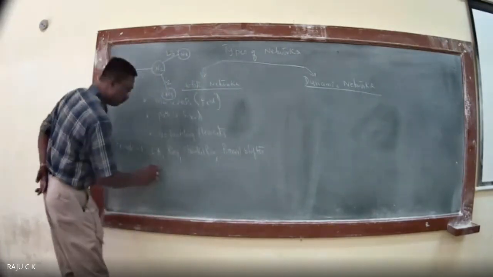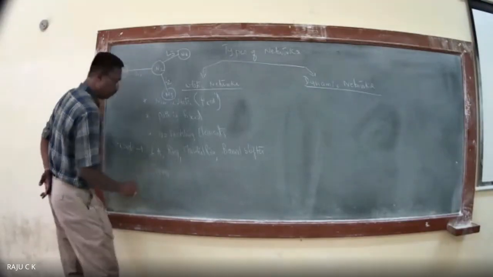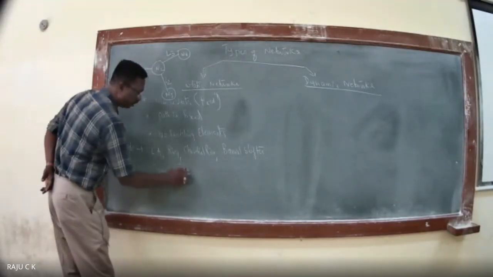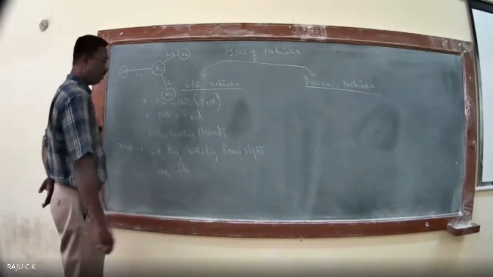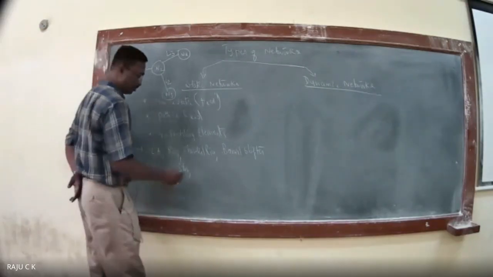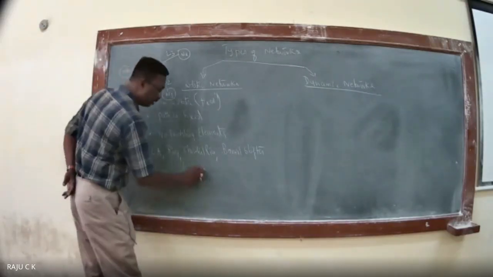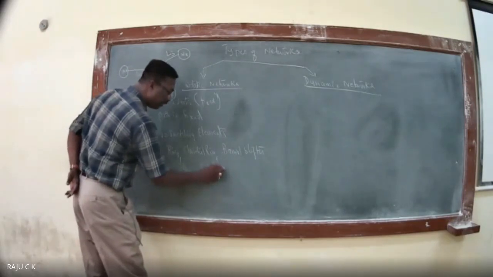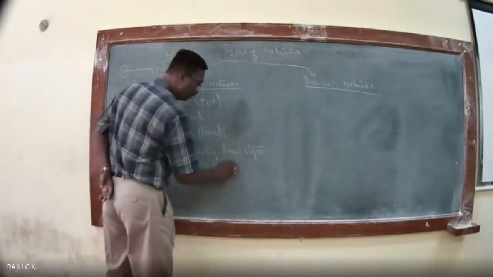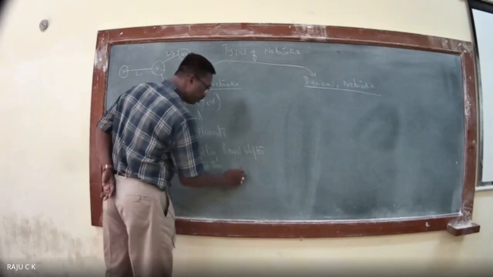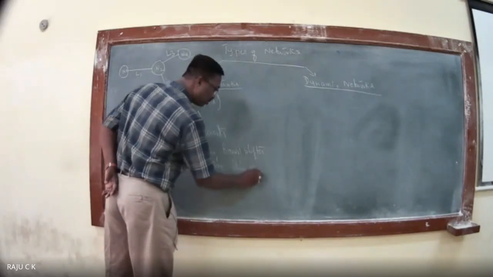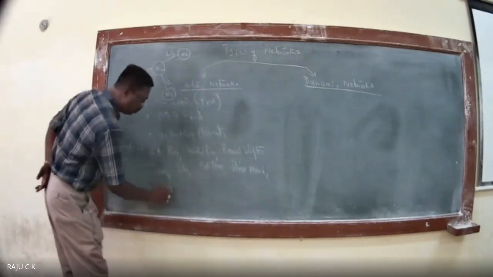Then we have the tree type structure, the star, the fat tree, the Illiac mesh, and then the torus.